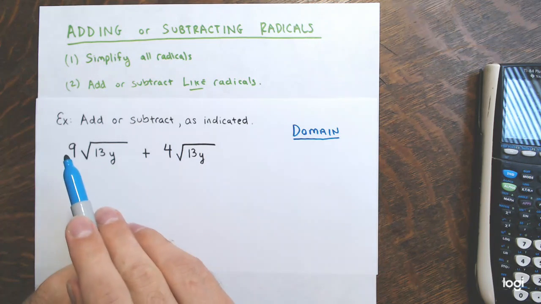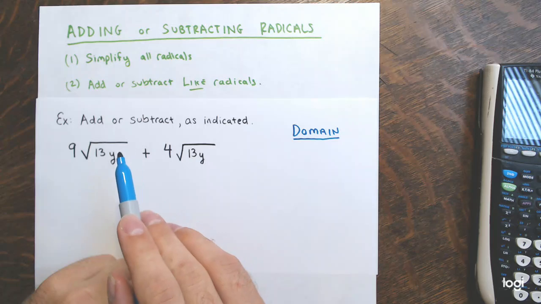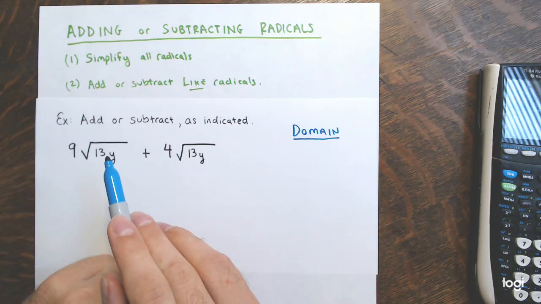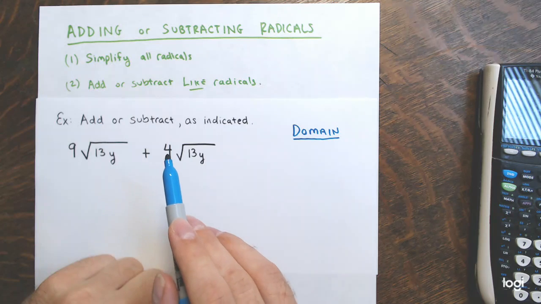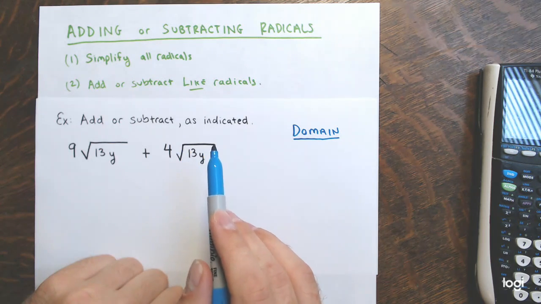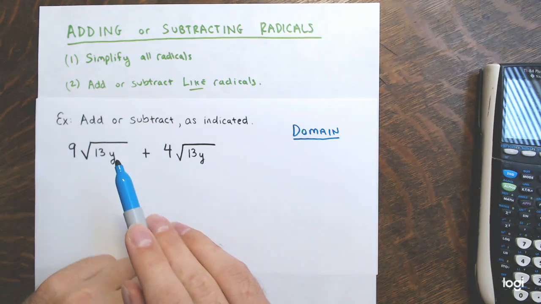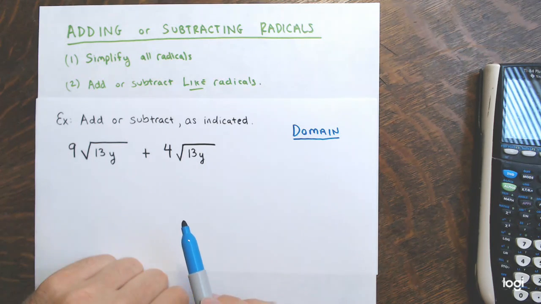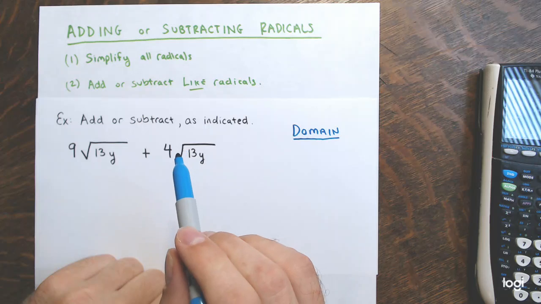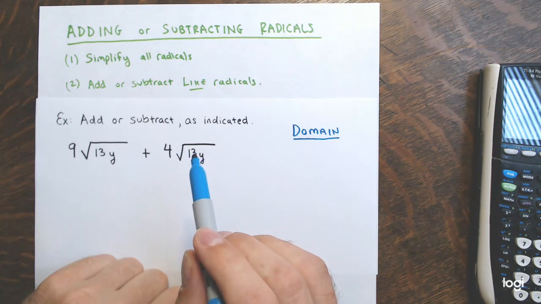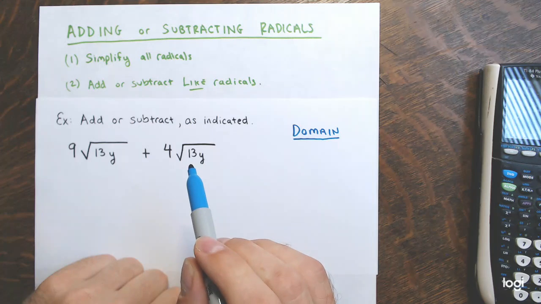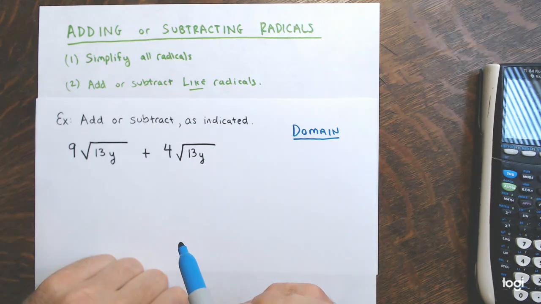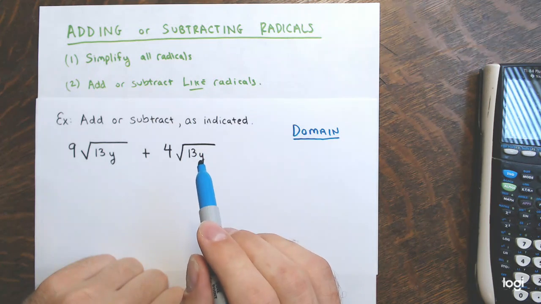So here I have 9 times the square root of, and the radicand here is 13y, plus 4 times the square root of 13y. So notice they both have the square root of 13y. Now that is an even root, a square root. And remember, for even roots, if we want a real number output, the radicand can't be negative.